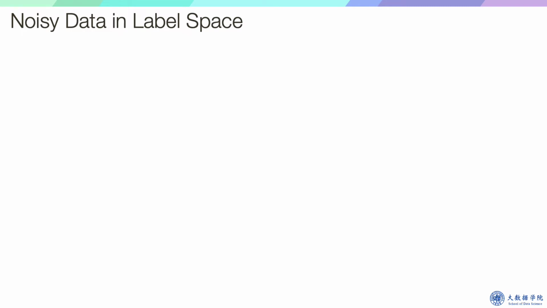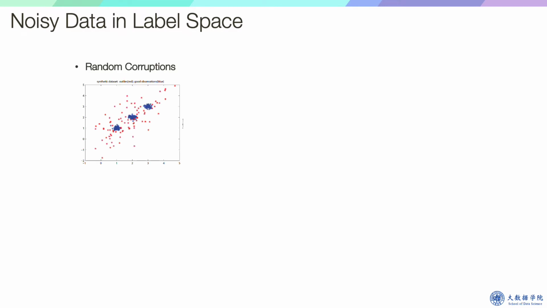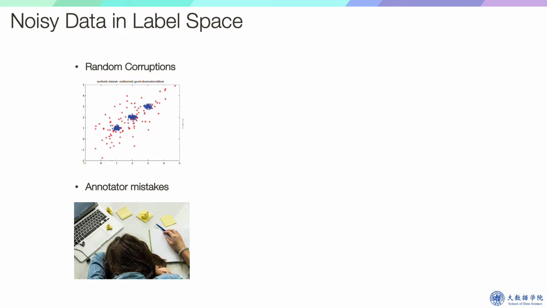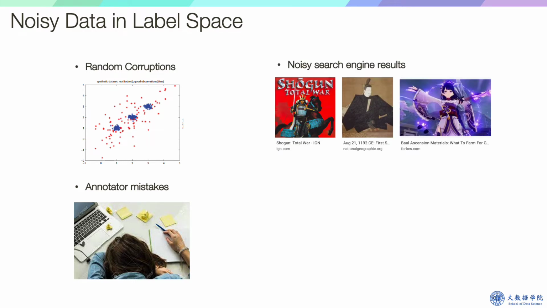These mislabeled data may come from many aspects. For example, if the labels are randomly corrupted, then some irregular labels will lie in the label space. We humans inevitably make mistakes, so our annotations are not so credible. In some research areas, people use the search engine to get training data.